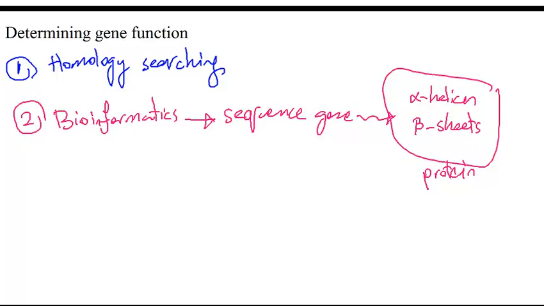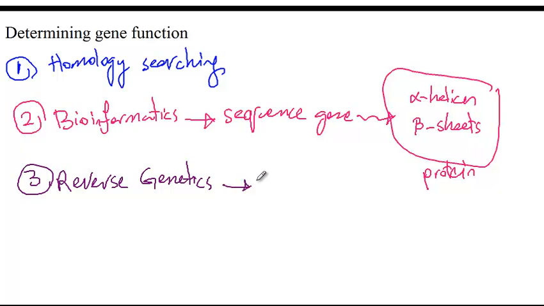The next technique is called reverse genetics, where we induce mutations in a gene via different mutagens. We can use compounds that can cause mutation, or expose the animals, or the flies for instance, to radiation to induce mutation in their DNA.